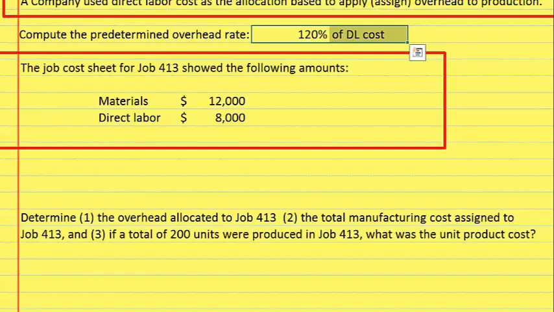Number 2, you are to determine the total manufacturing cost assigned to job 413. And number 3, if a total of 200 units were produced in job 413, what was the unit production cost? What was the cost of each of those 200 units? So why don't you pause the video and take a few minutes and see if you can't answer those 3 questions.